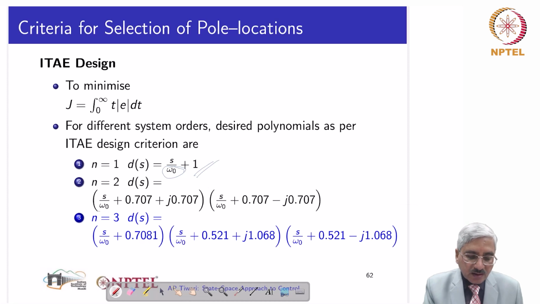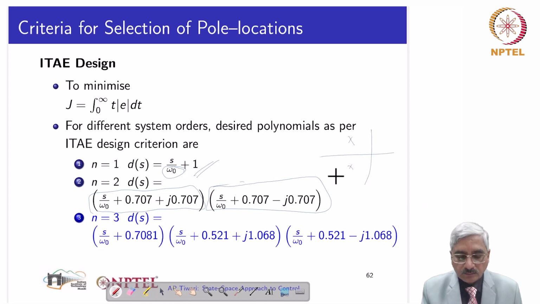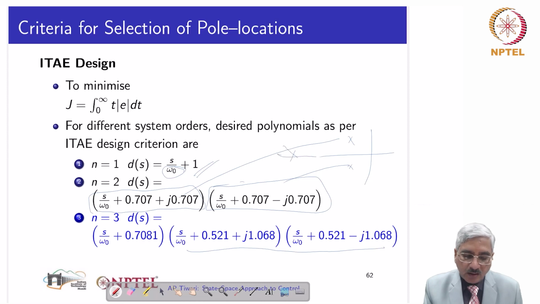If we have second order system, then this will be the pole locations, complex conjugate pair, one here, other here. If we have a third order system, a complex conjugate pair and a pole on the real axis. So this gives the ITAE design.